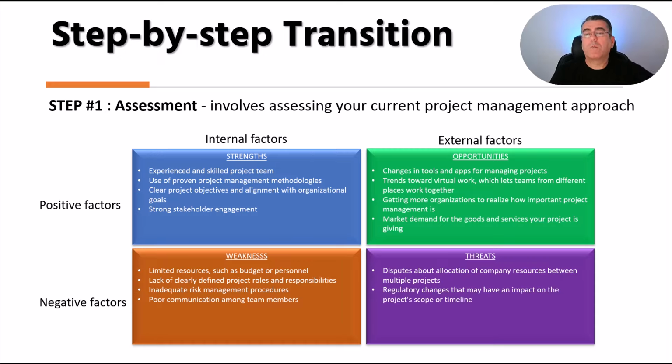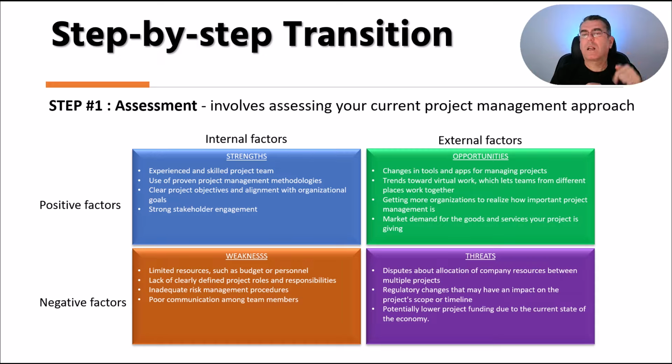Another point, some organizations must follow some regulatory rules or some regulatory principles and policies in terms of delivering projects. And this can have an impact on your project scope and timeline. Another big problem is when you don't have enough budget, enough funding, in terms of the actual state of the economy.